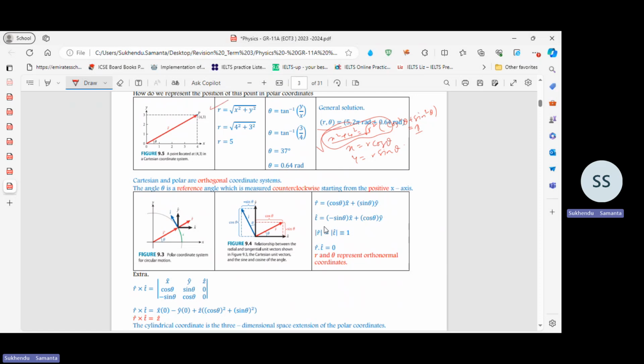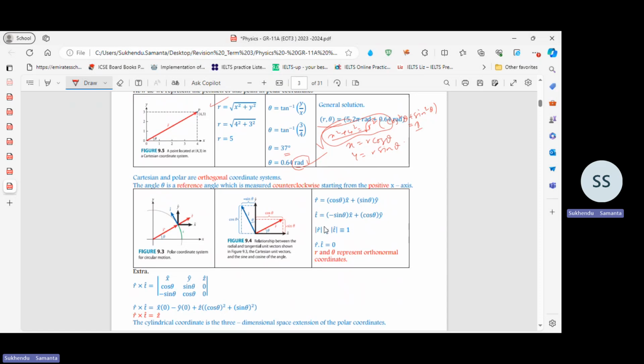And remember, students, in physics we calculate the angle in radians, not in degrees. If your calculator is giving degrees, make sure you change it to radians. This is 37 degrees, which is 0.64 radian. How to convert this?